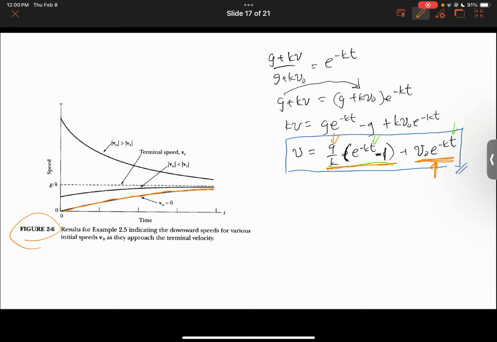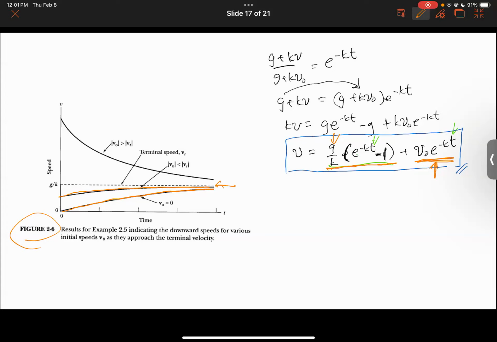And as you increase V naught, ang makukuha niyong graph is this, di ba? So it still has this exponential na dependence. Then lalagpasan niyo yan or aabot kayo diyan sa G over K na yan.